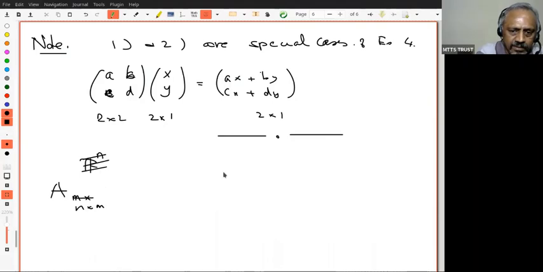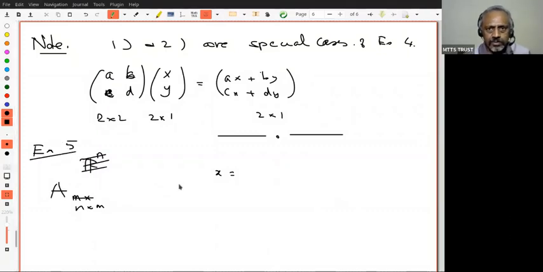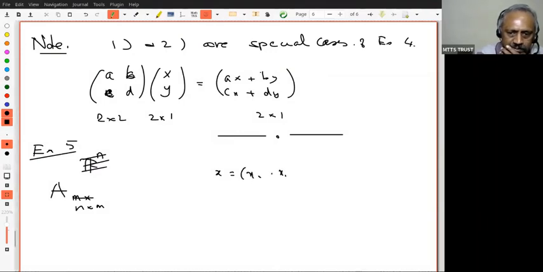Then take a vector x. Now, if you want, this is example 5, but in place of column, I'm thinking of row. So I think of x1, x2, xn in Rn. Therefore, this I can think of as a 1 cross n matrix.